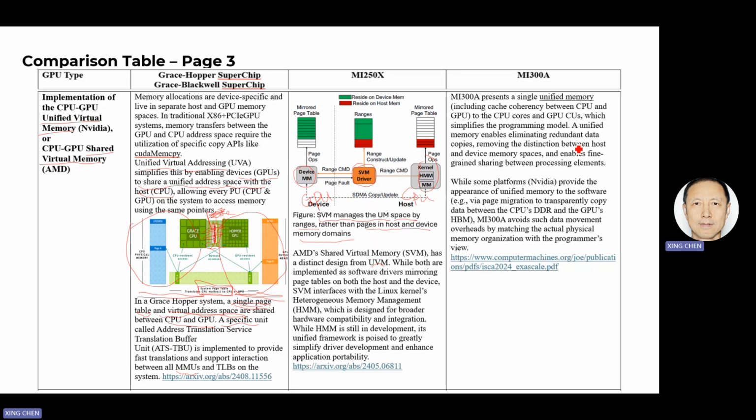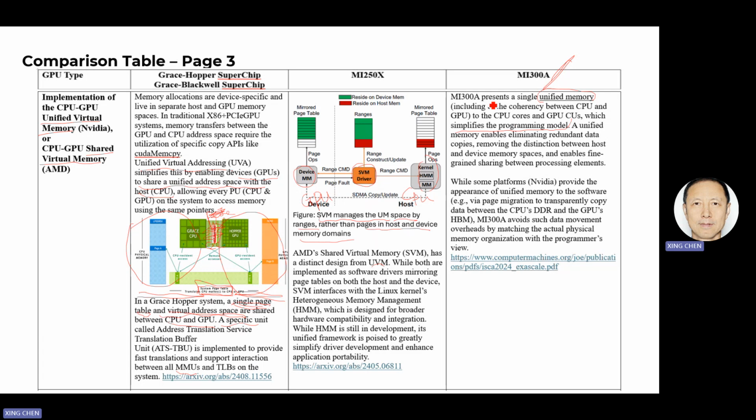Now we move to MI300A. MI300A presents a single unified memory, including cache coherency between CPU and GPU, to the CPU cores and GPUs, which simplifies the programming model. Now we need to understand this way. This unified memory here really means physically unified memory, and logically unified memory for sure.